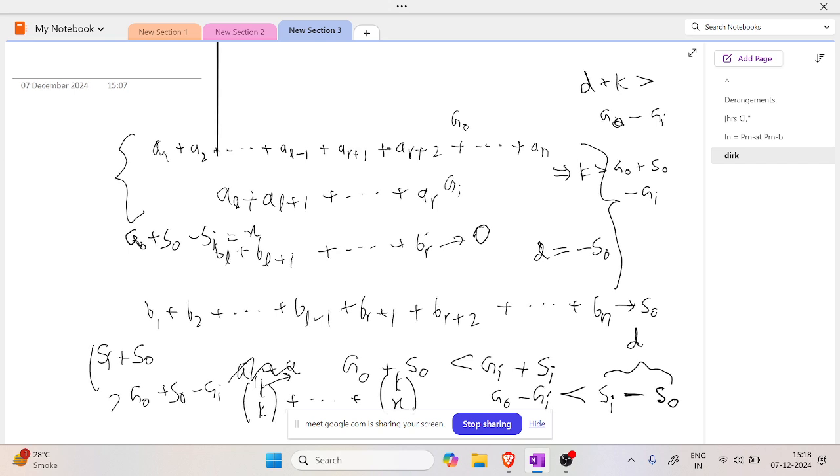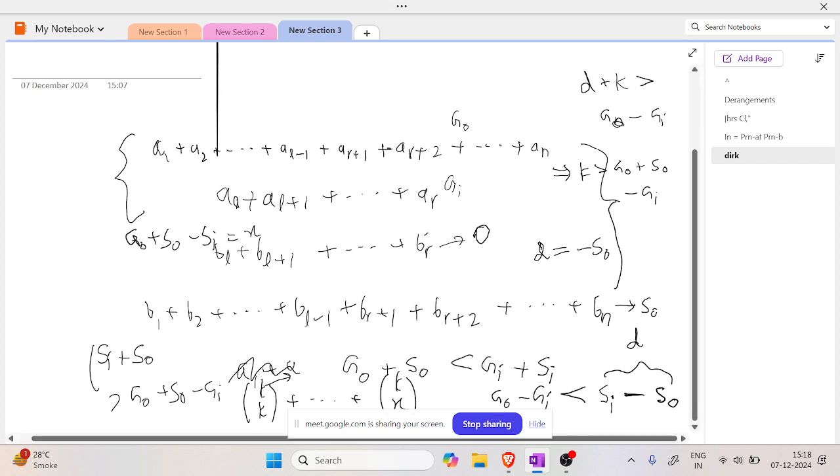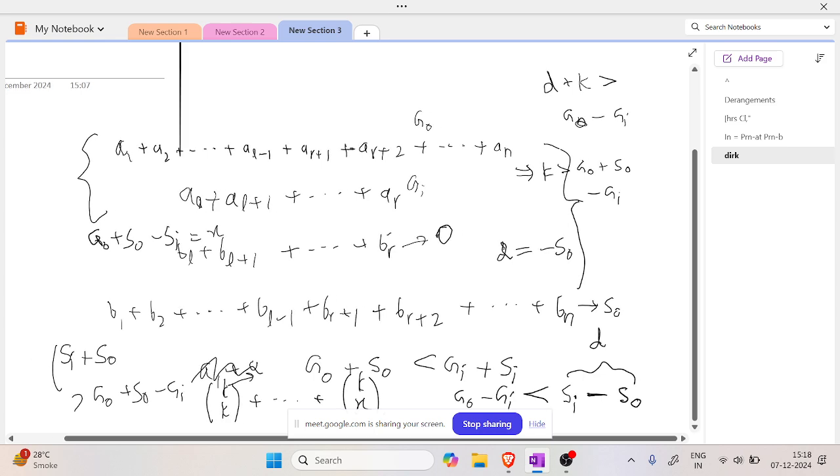So basically, full disclosure, this is actually the editorial solution, and when I solved this problem in contest, I used a much messier way.